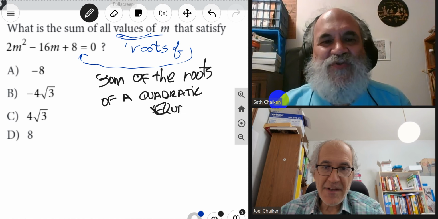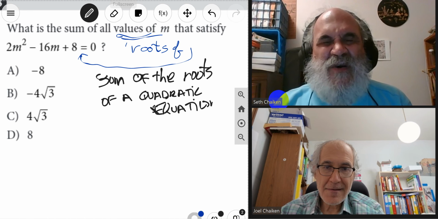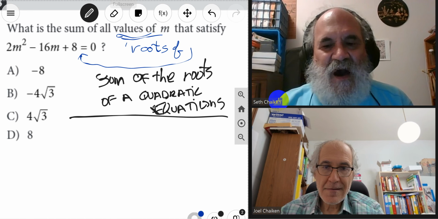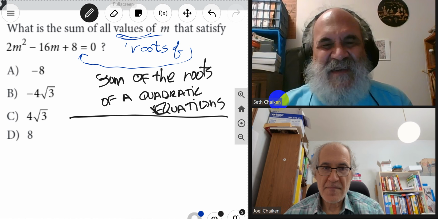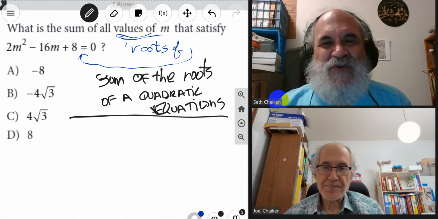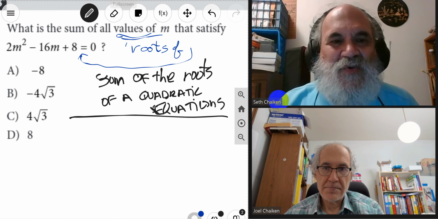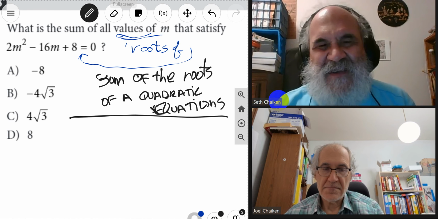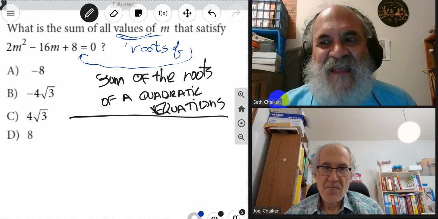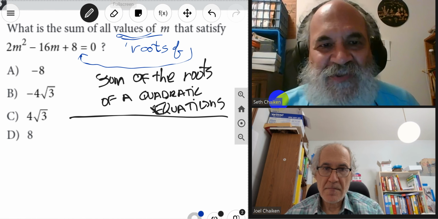So it's important to take away from studying SAT questions that they'll sometimes use different words, and you have to connect the words they use in the problem, like value of m that satisfies the equation, with the word that you have learned, which is root.